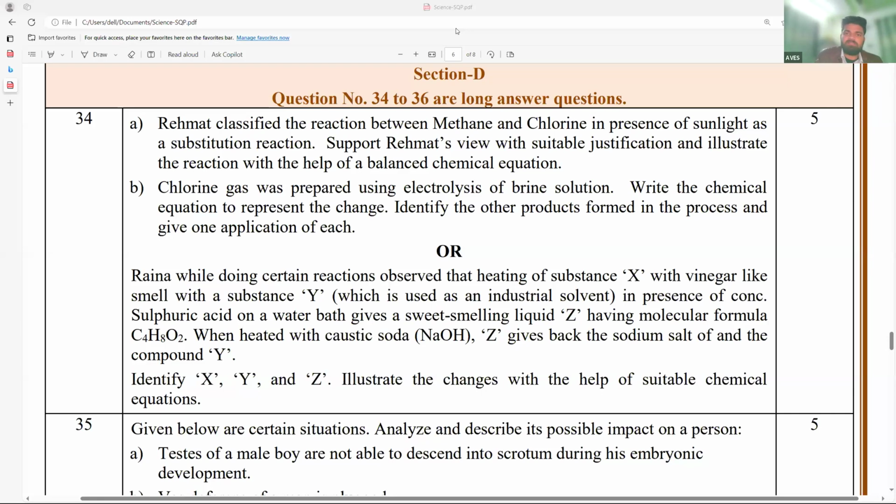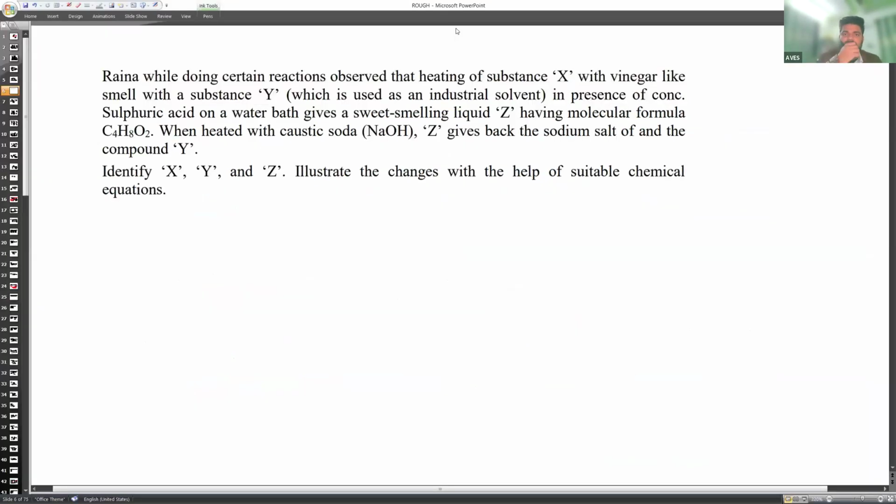Tell me what is said here. Raina, while doing certain reaction observations, heats substance X with vinegar.